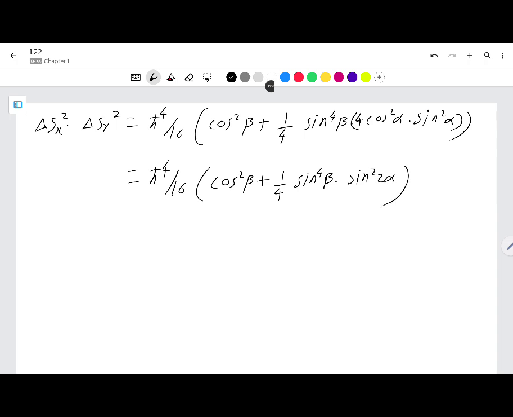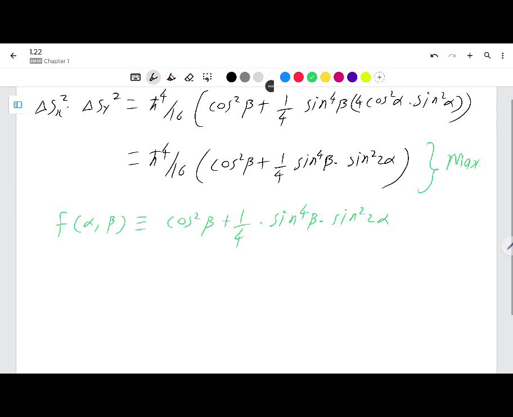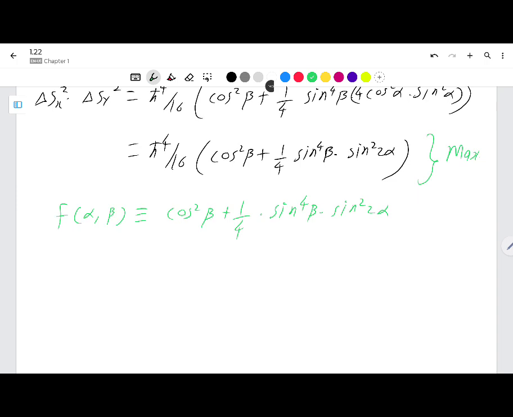And we need to maximize this. So for that we need to maximize this function, cos square beta plus sin square beta sin square 2 alpha. Okay, so if we fix the value of sin 2 alpha, right?